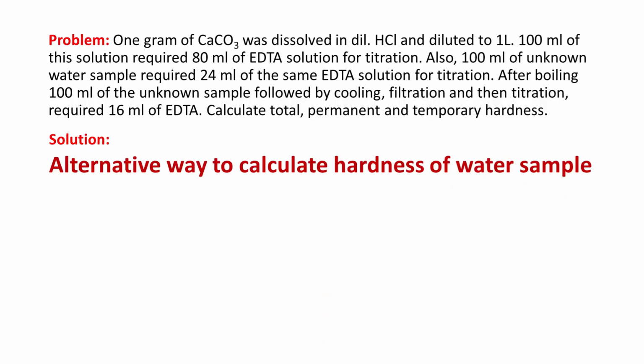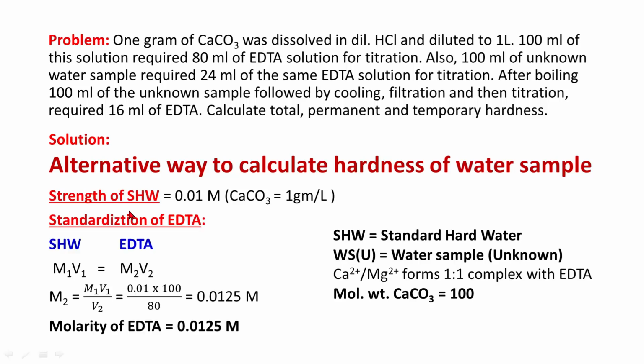We can use an alternative way to calculate hardness of the water sample. The strength of standard hard water, which is 1 gram dissolved in 1 liter, is 0.01 molar, because the molecular weight of calcium carbonate is 100.